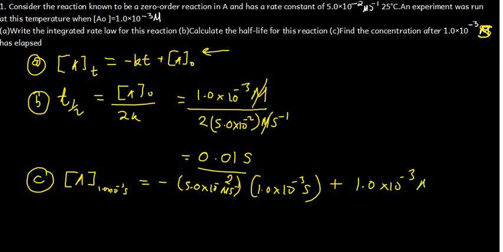3 molar. Of course, there's a negative in front, so we say 5 times 10 to the power negative 2 multiplied by 1 times 10 to the power negative 3. That gives us negative 5.0 times 10 to the power negative 5 molar, plus 1.0 times 10 to the power negative 3 molar.